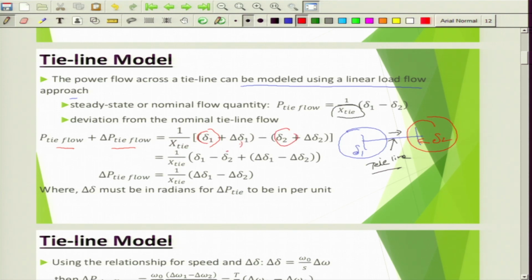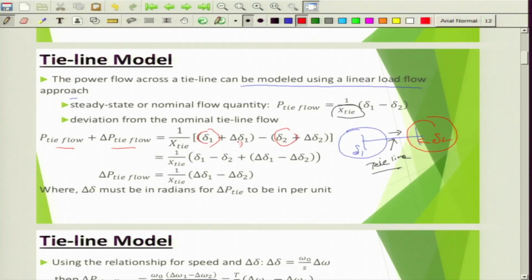There is a change in power flow across the tie line because there is some change in load at either one of the networks, because of which there is a change in speed. Because of this there is a change in phase angle, so henceforth this delta 1 and delta 2 is the new term which is coming into play.